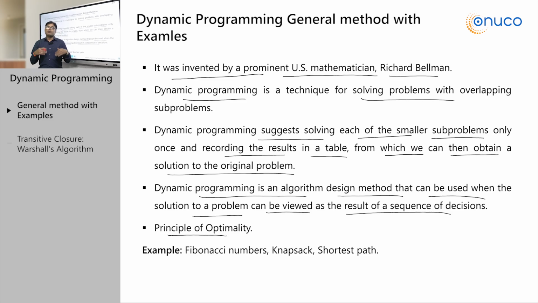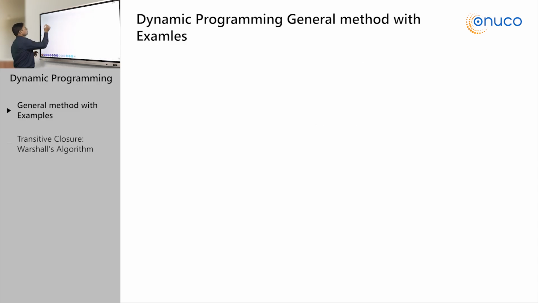If you are finding the profit, it should be the maximum. So it works on the principle called the principle of optimality. Examples are Fibonacci numbers, knapsack, and shortest path. One by one we are going to see these examples and how to correlate them with dynamic programming.